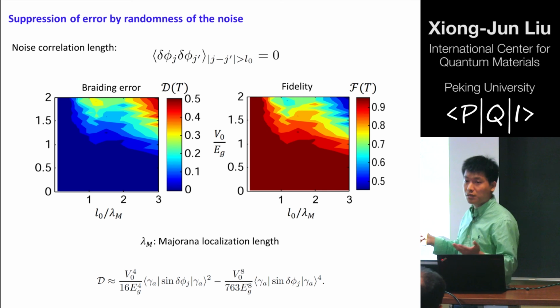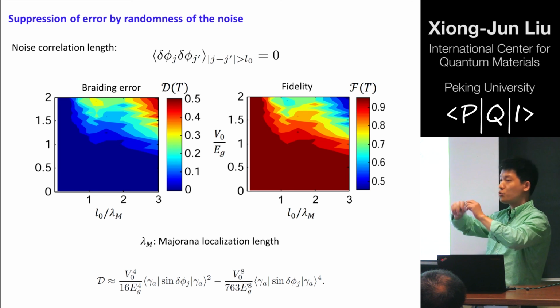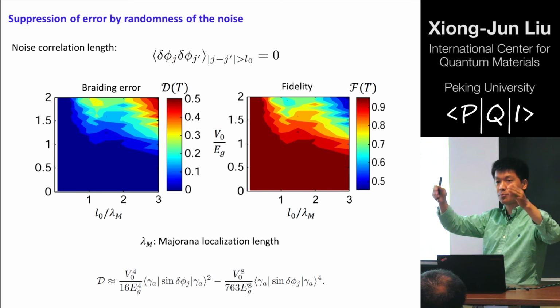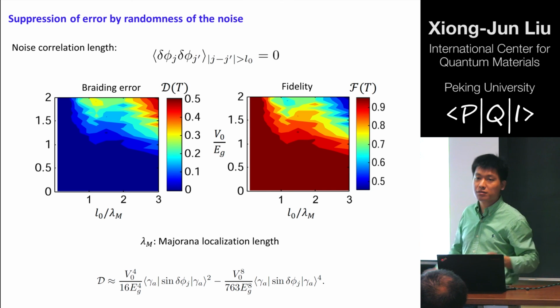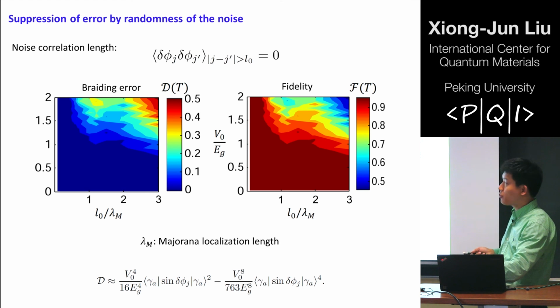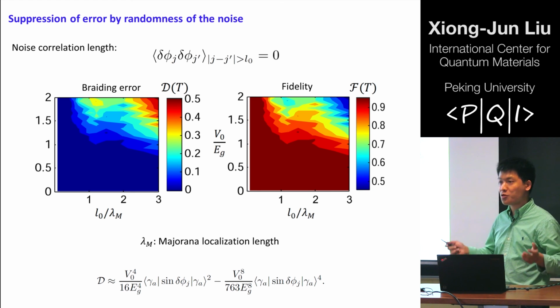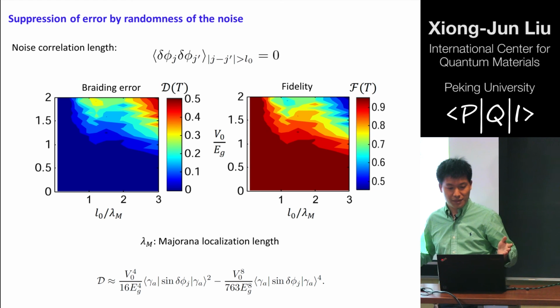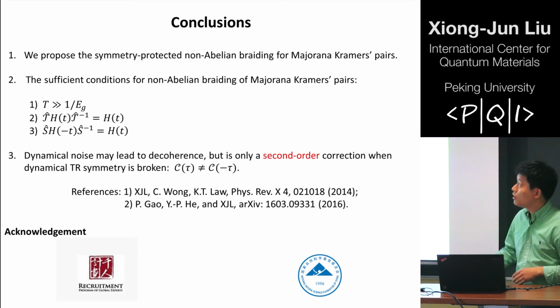This is quite natural, since the noise is random, within the localization length of the Majorana the noise itself averages to 0. In that case, the decoherence is also suppressed. So the non-abelian braiding for the Majorana Kramers pair should, in principle, be good. If you can realize the time-reversal invariant topological conductor, it should be good to observe the non-abelian braiding for the Kramers pairs.